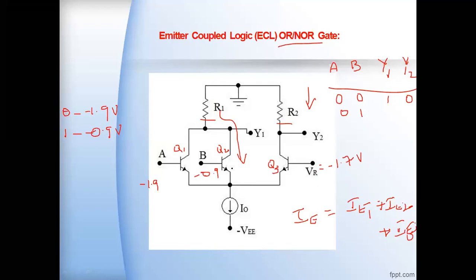All the three transistors will conduct, but the transistor Q2 conducts more, and because of the heavy current flowing in the transistor Q2, the voltage drop at the resistor R1 is high. So when the voltage drop is high, the voltage at the V1 is treated as the logic 0 here.